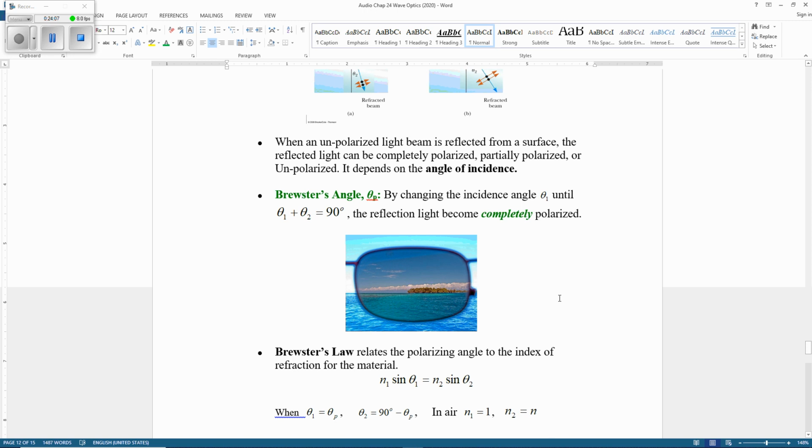Okay, now we're going to do a little mathematics. That special angle we call Brewster's angle. That's called after the scientist's name. This special angle we call theta p, Brewster's angle.